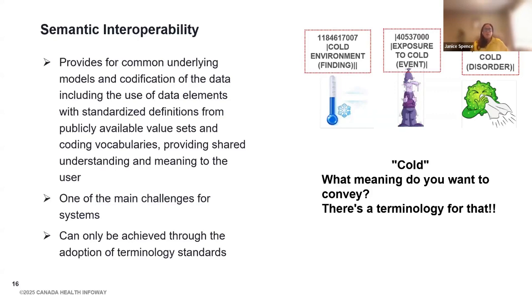So this is where terminologies play a crucial role in eliminating any ambiguity in clinical context as data is exchanged. It usually represents the main challenges of systems, and that is why the work that we do with the role of enhancing and adapting standards is important to making sure that we achieve this. Next slide, please, Anil.